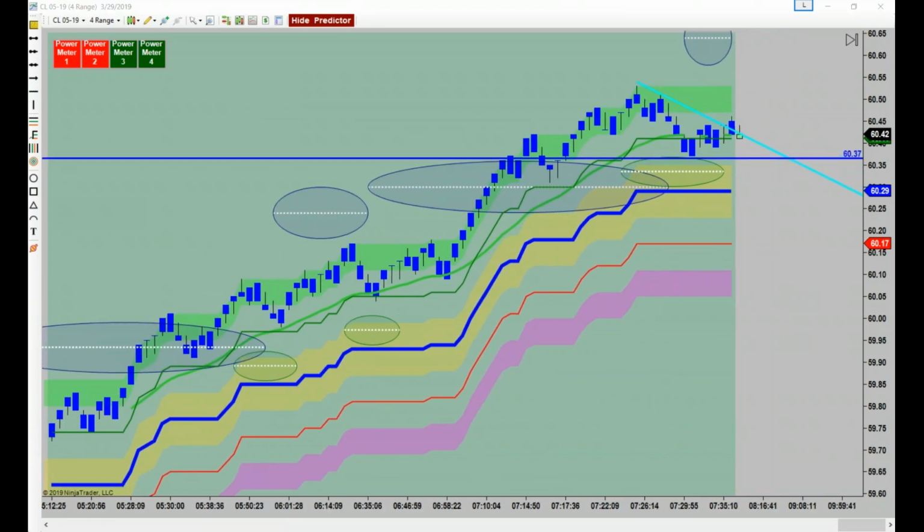Close of the bar. See if it works. Trend line. Came close to taking us. And there you go. Another trend line that worked.